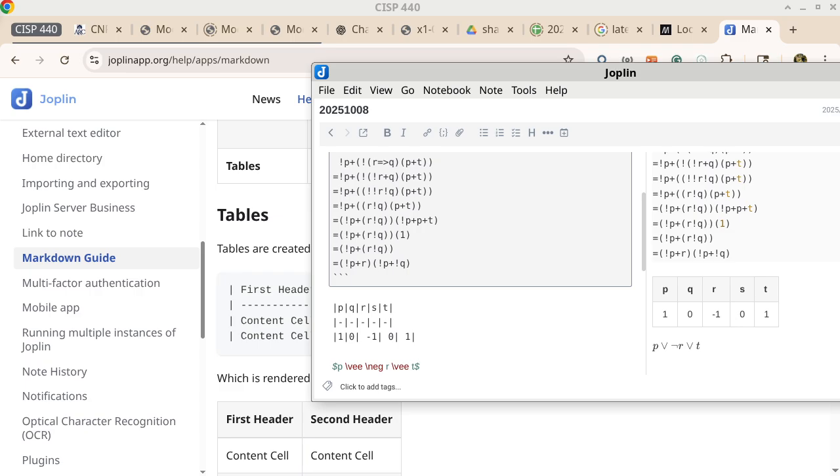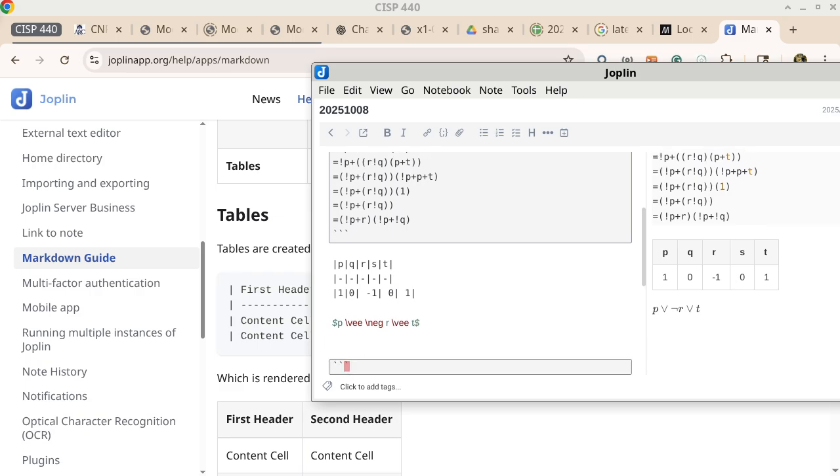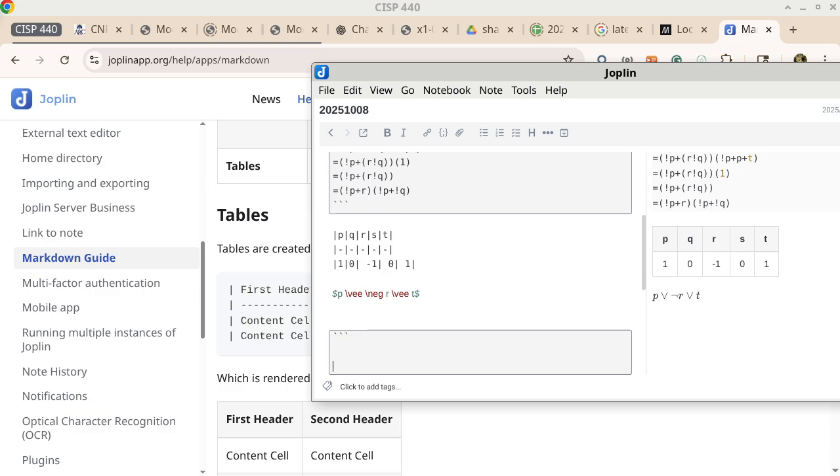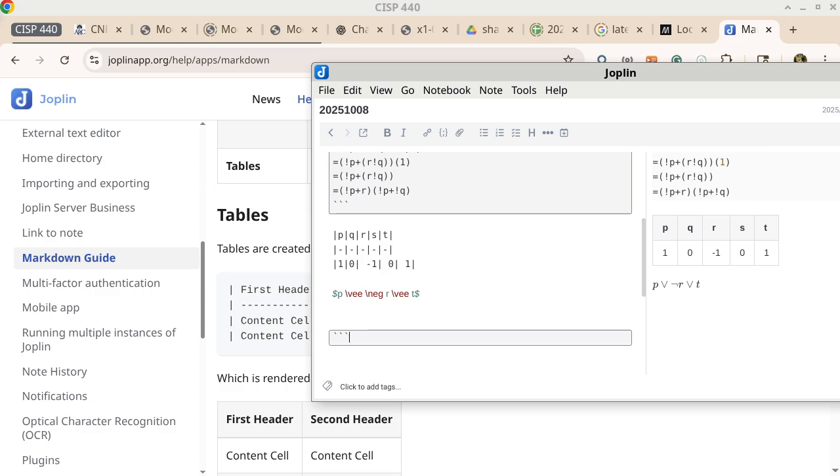Unfortunately, I don't have the dry-erase marker to do anything on the whiteboard, and I didn't bring my tablet today, but I can still do it using a text representation. So we'll take a look at the text representation.